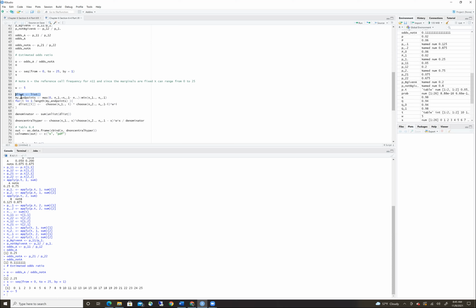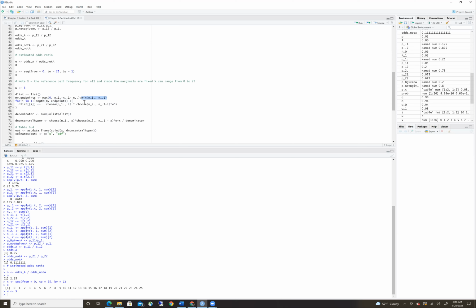I called this D list because I was representing the denominator. The endpoints of the summation, remember in 6.35, are the maximum of 0 and the marginals summed up minus n dot dot, and the top of that summation was the minimum of each of those corresponding marginals.